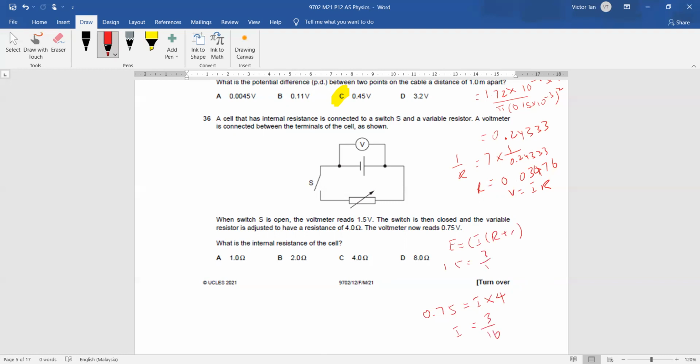So this 3/16 times 4 plus r. So finding the answer, 1.5 times 16 divided by 3 minus 4, which gives you 4 ohms.